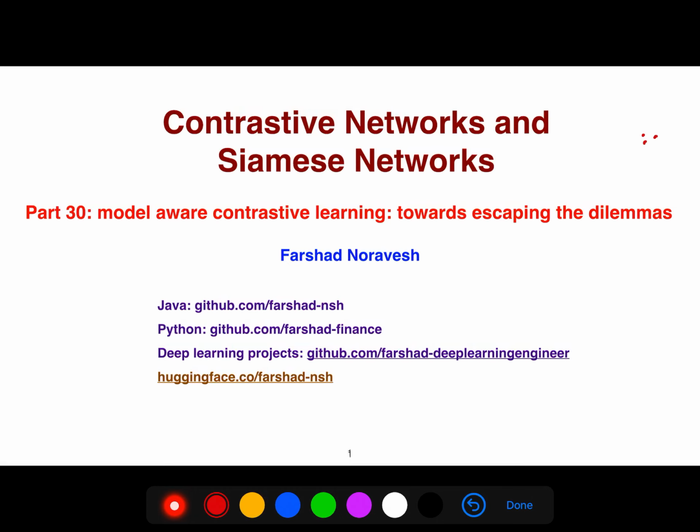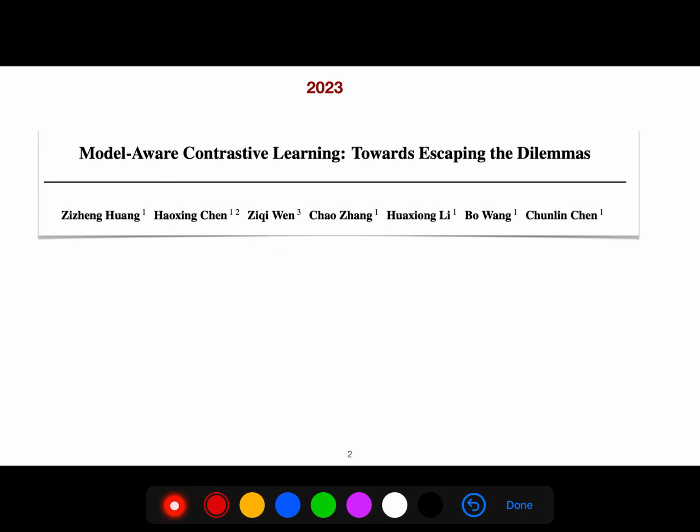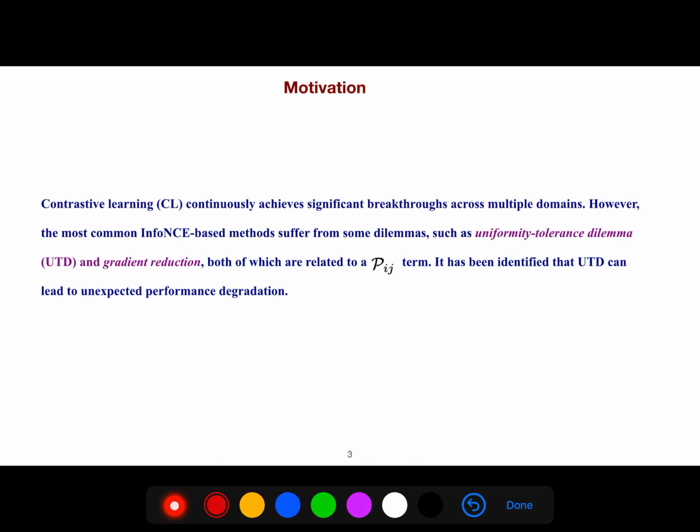In this lecture, I'm gonna be talking about this paper, Model-Aware Contrastive Learning: Towards Escaping the Dilemmas, from 2023. Contrastive learning continuously achieves significant breakthroughs across multiple domains.